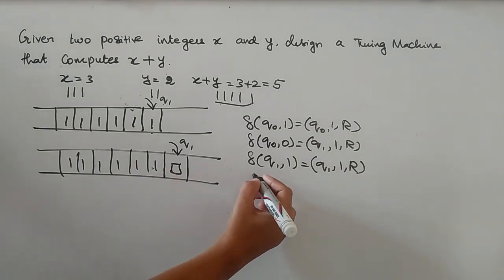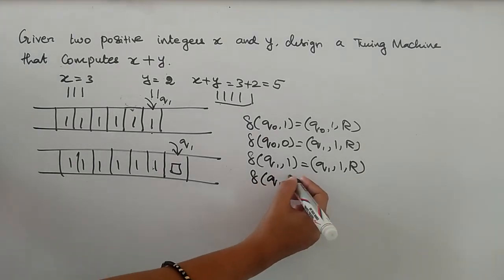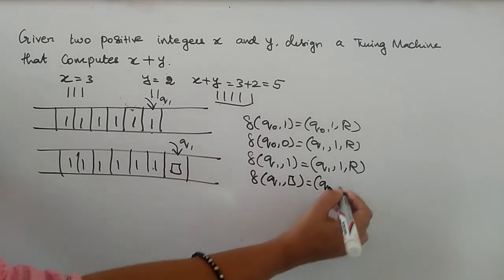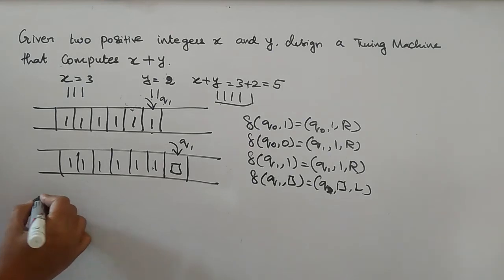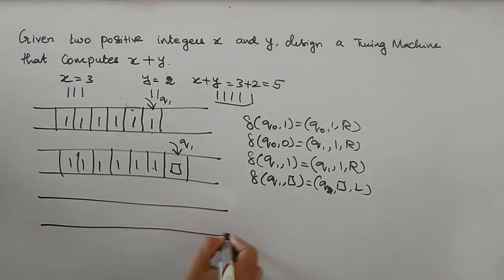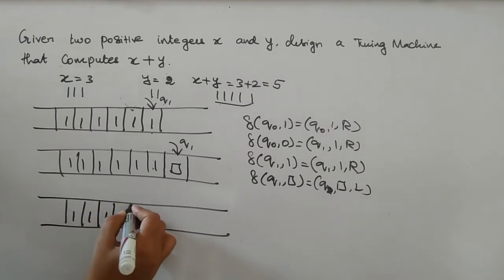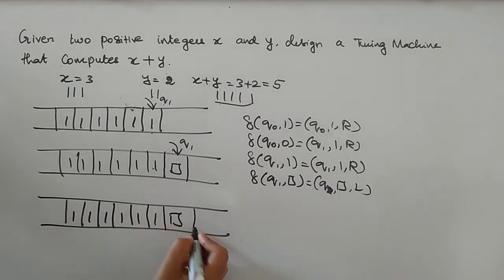That's why here we can write the transition as delta of Q1 comma blank is equal to Q2 comma blank comma L. So what's happening here is we will get 1 1 1 1 1 1 here, and we will have the blank.